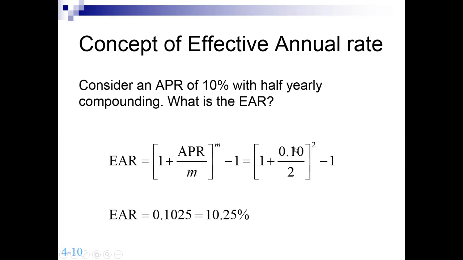When you apply this M again here, which is 2, it means that if you keep M as 4 here, then 4 will also come over here. If you apply 12 here, then 12 will also appear over here. Then subtract 1 on the calculator, and your answer will appear exactly like this. When you multiply this answer by 100, you will get 10.25 as your answer.